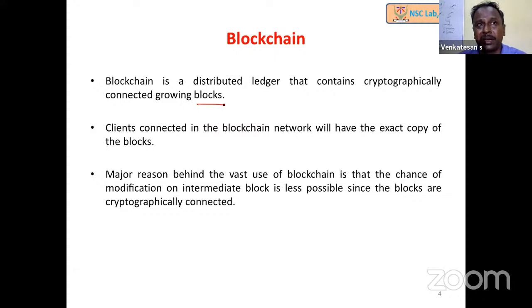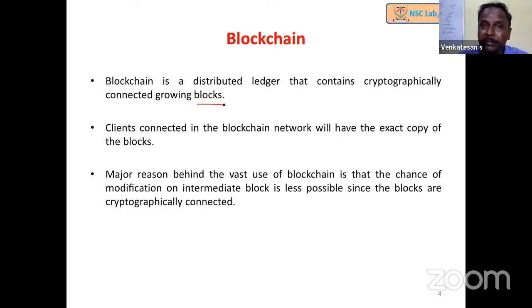So the data is organized in the form of a block. It won't follow, for example, a relational database management system. It follows its own structure. It uses the Merkle tree to store the data, or we can say that the data is kept in the Merkle tree form.